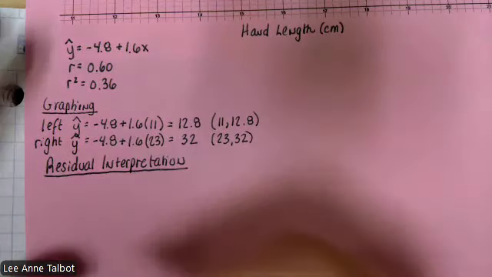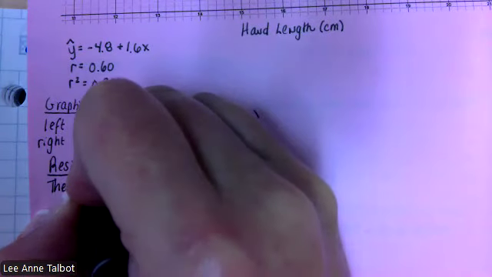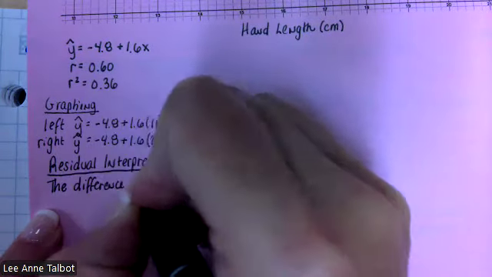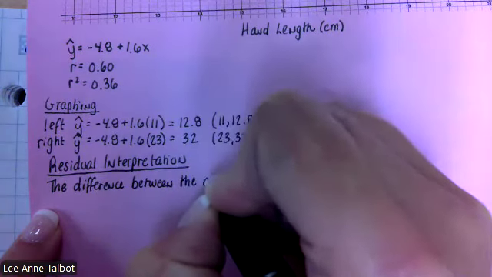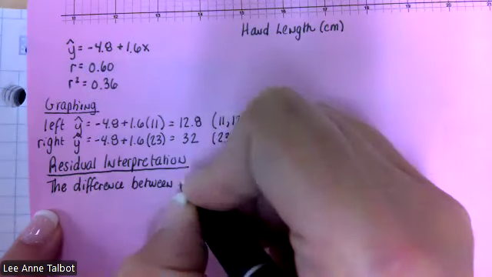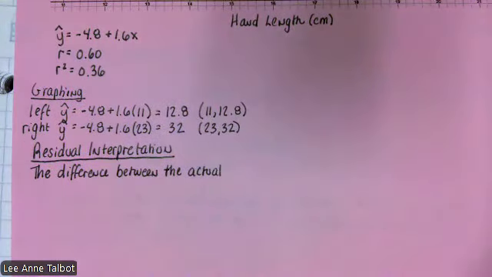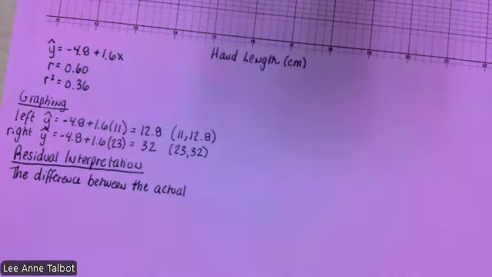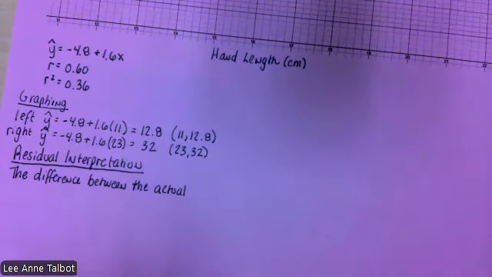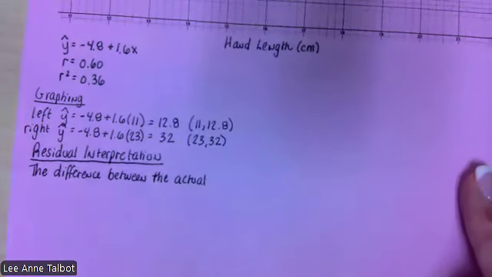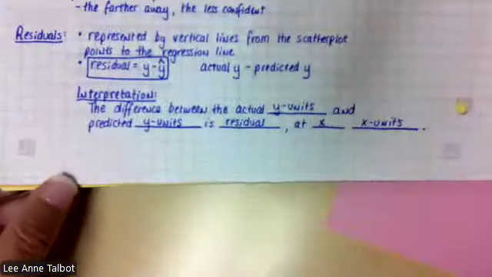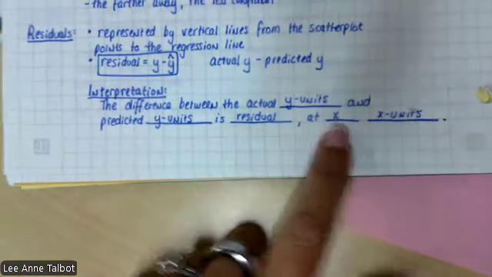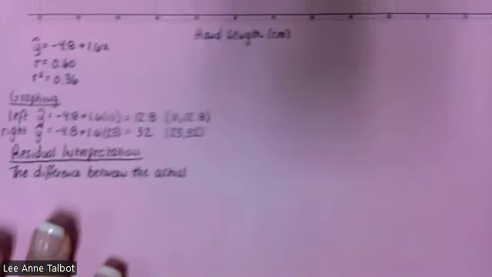So this is how the sentence starts, the difference between the actual. Okay, what's the first blank? The difference between the actual Y, unit is number of starbursts, great.